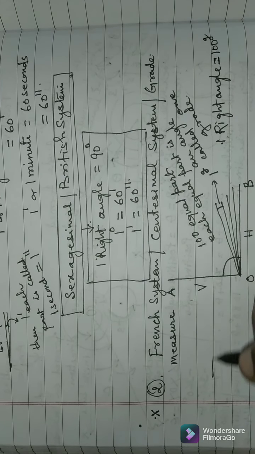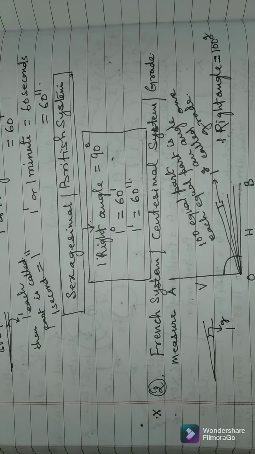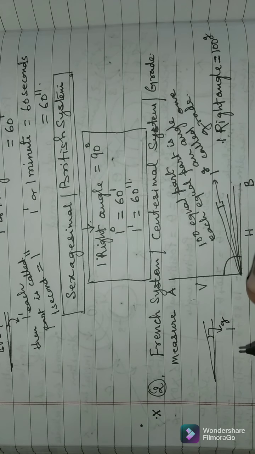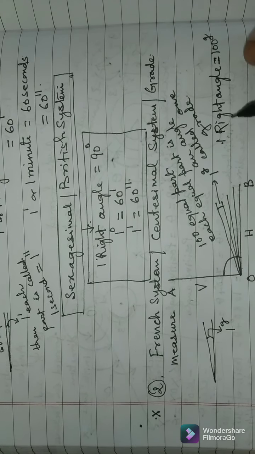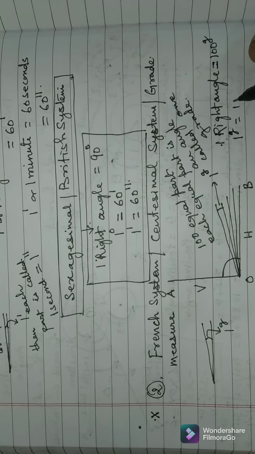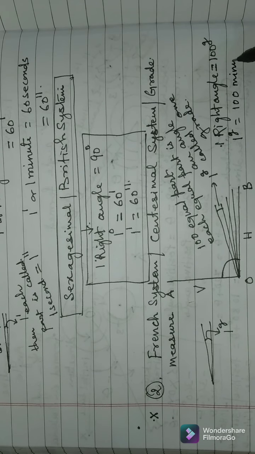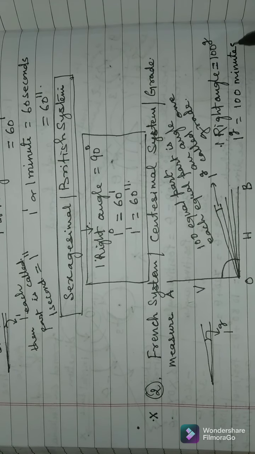And again, one grade is a very small angle which is less than 1 degree also. So one grade is again divided into 100 equal parts, and each part is called 1 minute. So 100 minutes.